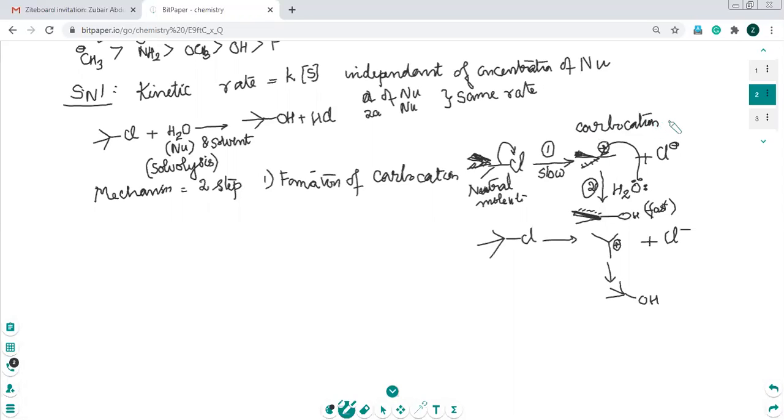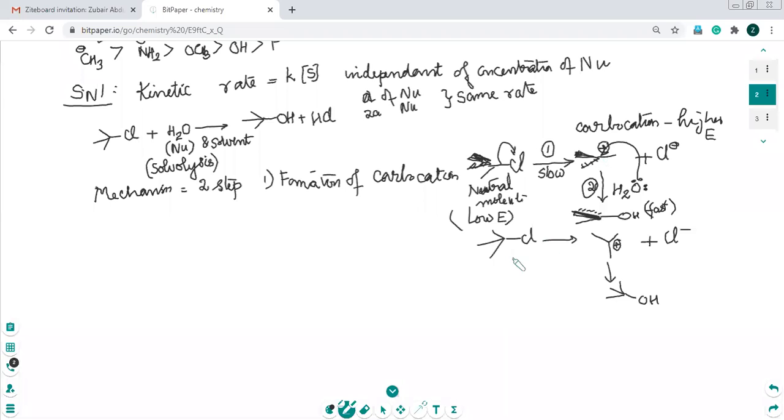Remember, carbocation is higher in energy. Neutral molecule, lower energy, more stable. So you are going from a low energy to a higher energy state. Will it be fast or slow? It will be slow. Quite naturally, it will be slow.